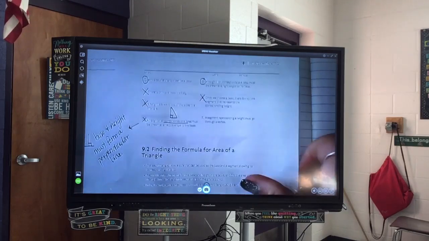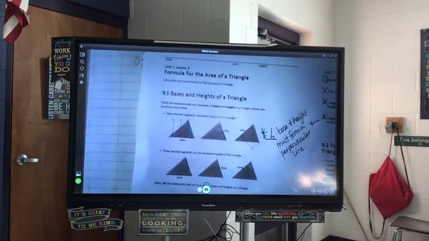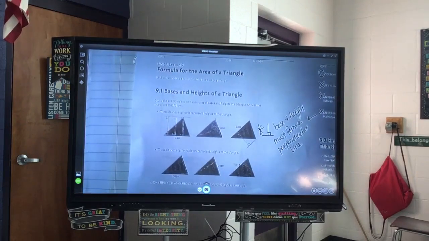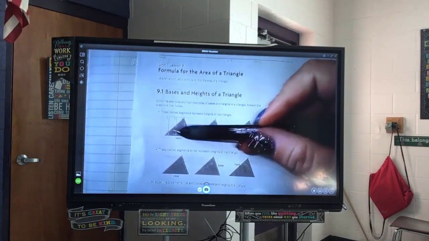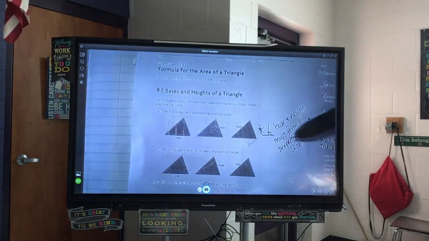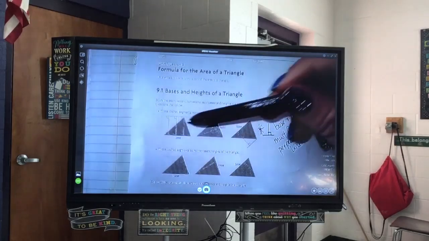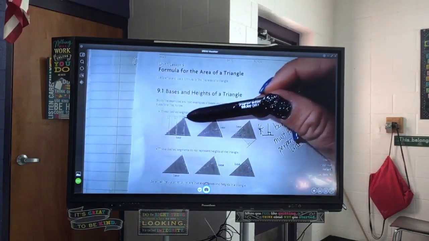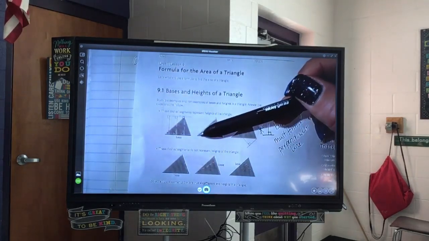But in the first one, there's 3 dashed segments instead of just one. Right. So essentially, again, as long as you are forming a perpendicular line to the base, your height can be represented anywhere along the tip of the triangle, anywhere along your base. Does that make sense?